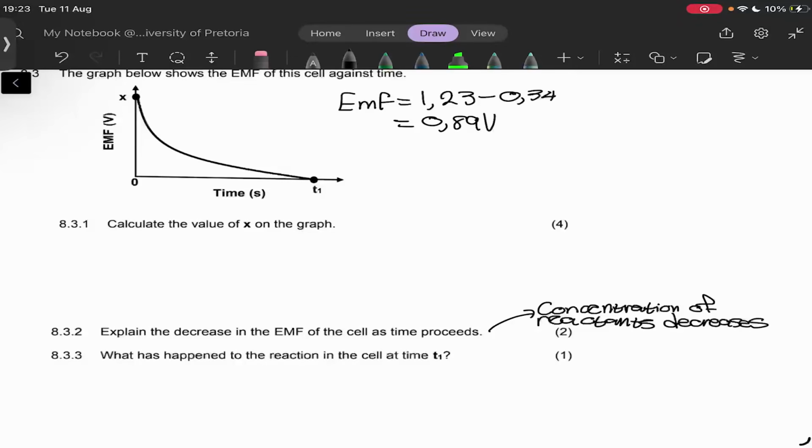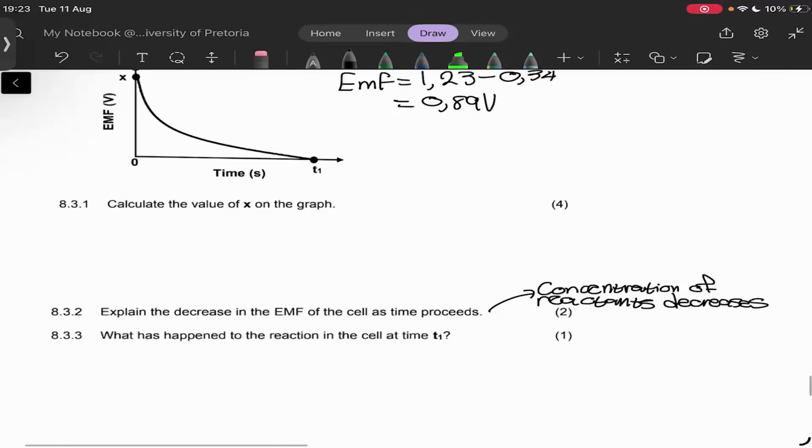Cool. And now at 8.3.3, they're asking what has happened to the reaction in the cell at time t1. What do you guys think has happened at t1? Let's see, are we all on the same page? Do we know what has happened at t1?